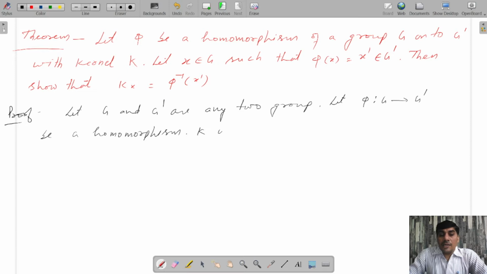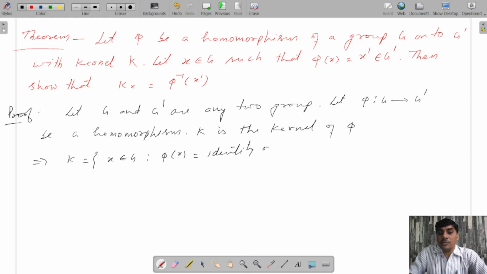K is the kernel of phi. This implies K is equal to the set of x belongs to G such that phi of x is equal to the identity of G dash.